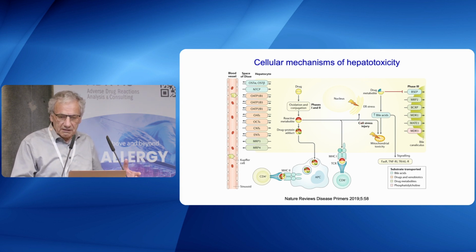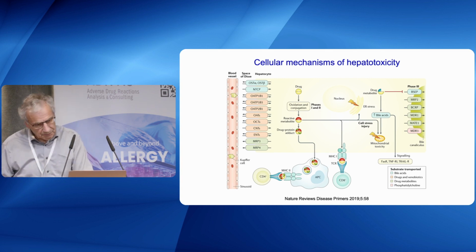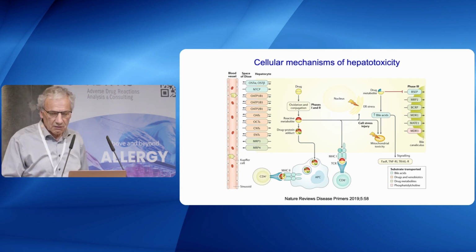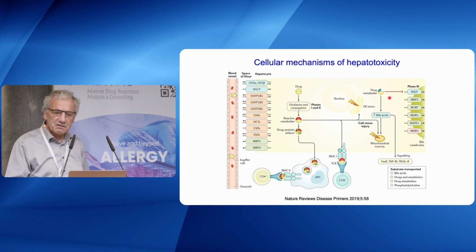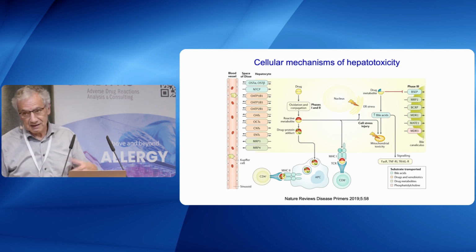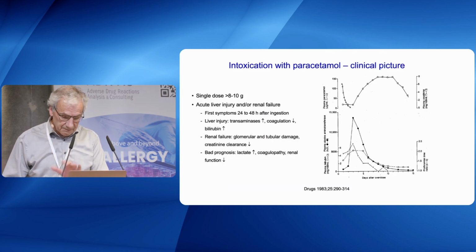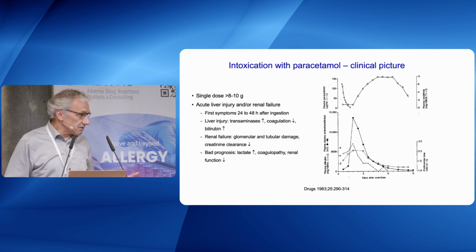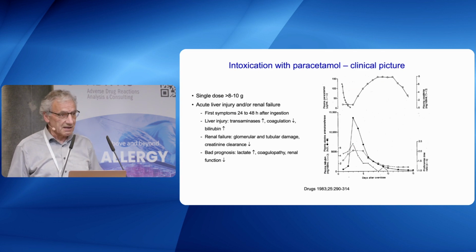It may affect the ER, causing ER stress and then apoptosis, or it can also interact with transporters, and one very well characterized interaction is with the BSEP, the bile salt export pump. When this is inhibited by a drug, then the bile acids would increase in the hepatocyte, and this may be toxic. So I start with paracetamol.